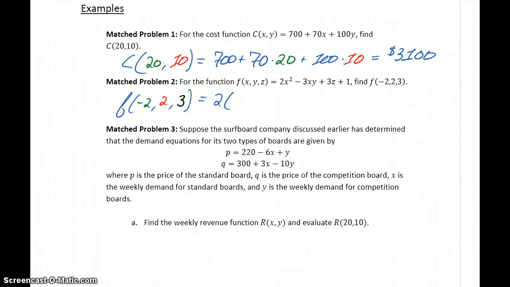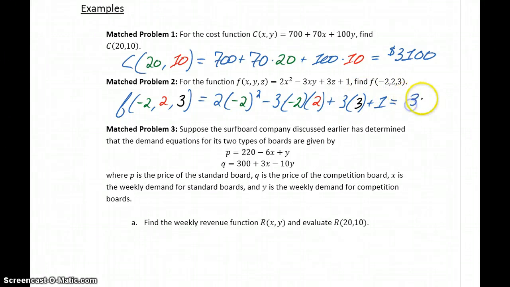So this will be 2 times -2 squared minus 3 times -2 times 2 plus 3 times this value for z, which is 3, plus 1, and then again from there just calculator operations to come up with that function value, which should be 30.